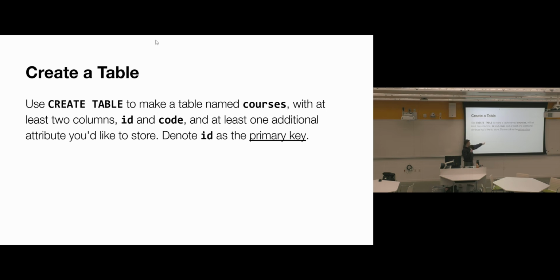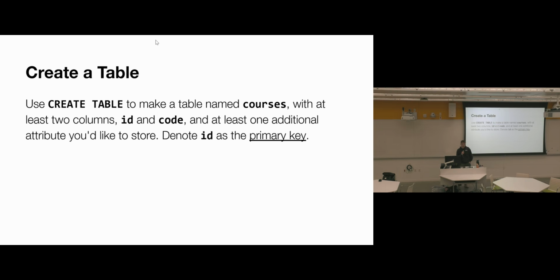I want to draw your attention to this ID here and this primary key thing. What primary key means is it's a promise that you're making, and SQL is going to yell at you if you break it. You're saying that each ID is going to be unique. The reason is that it gets really messy if you have two rows with the same ID.